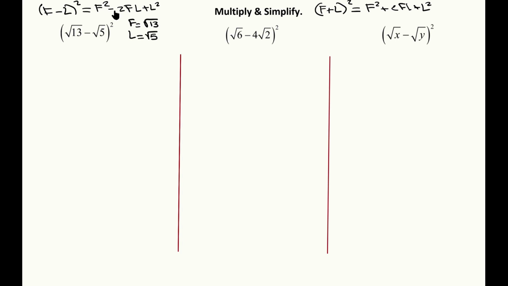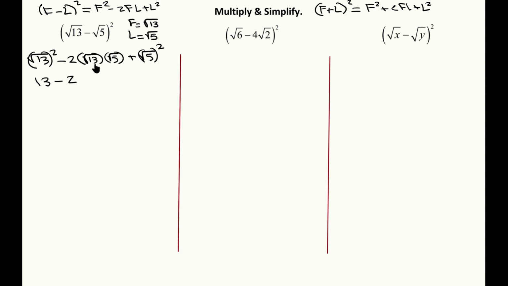First one squared, minus 2 times the first times the last, plus the last one squared. So we end up with square root of 13 squared minus 2 times f, which is square root of 13, times l, which is square root of 5, plus l squared, which is square root of 5 squared. Now we know that square root of 13 squared is just 13, minus 2.